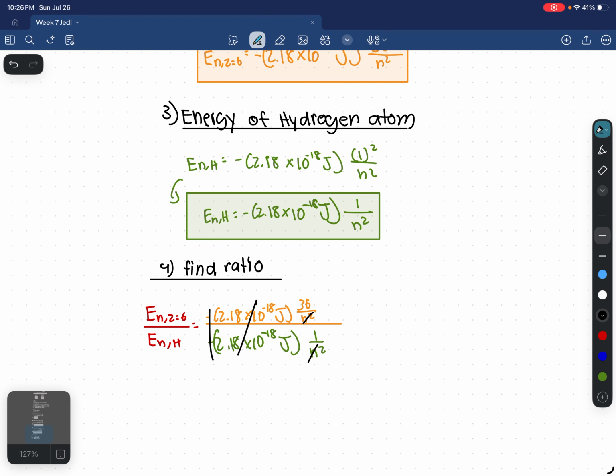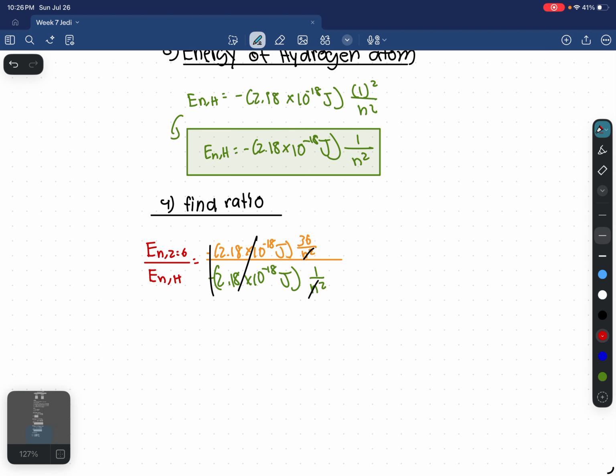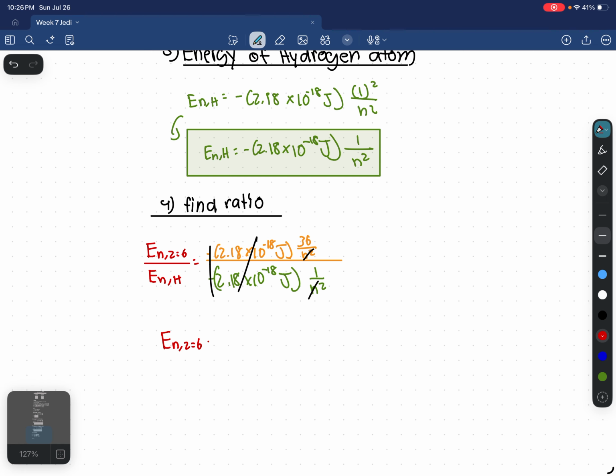So now our whole ratio is equal to, as you're going to be able to tell right here, it's just going to be 36 over 1.